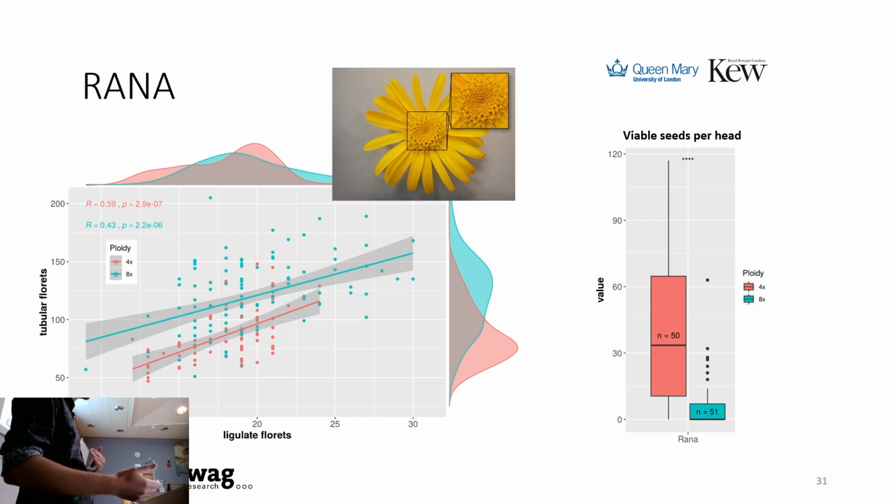And there is a different proportion between these flowers in the 2 cytotypes. This is interesting because they're the same species and very close evolutionarily speaking, so it's interesting that they can diverge in these traits. And they also have quite a different number of inflorescences per plant.